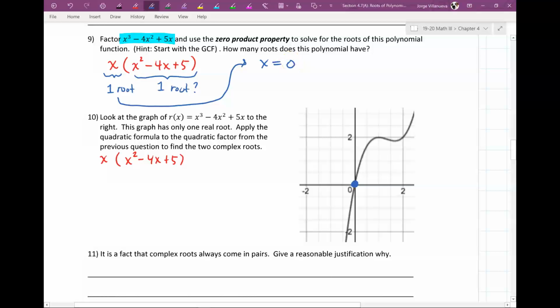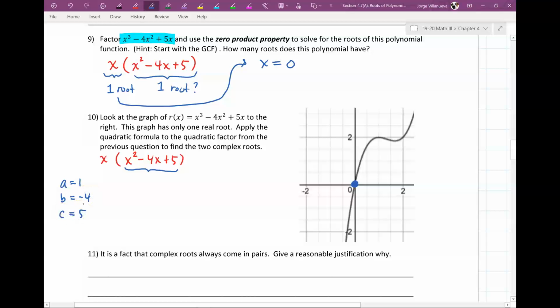That's why the point's right there. But I couldn't solve for the x squared minus 4x plus 5 because I couldn't factor. So the way I'm going to solve it is by using the quadratic formula. So my a term is a 1, my b term is a -4, my c term is a 5. That's from that little thing that I bracketed.